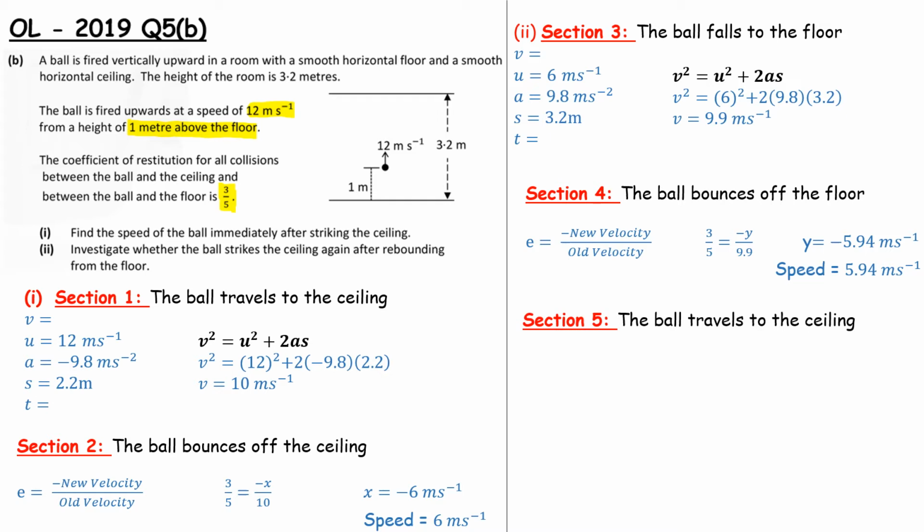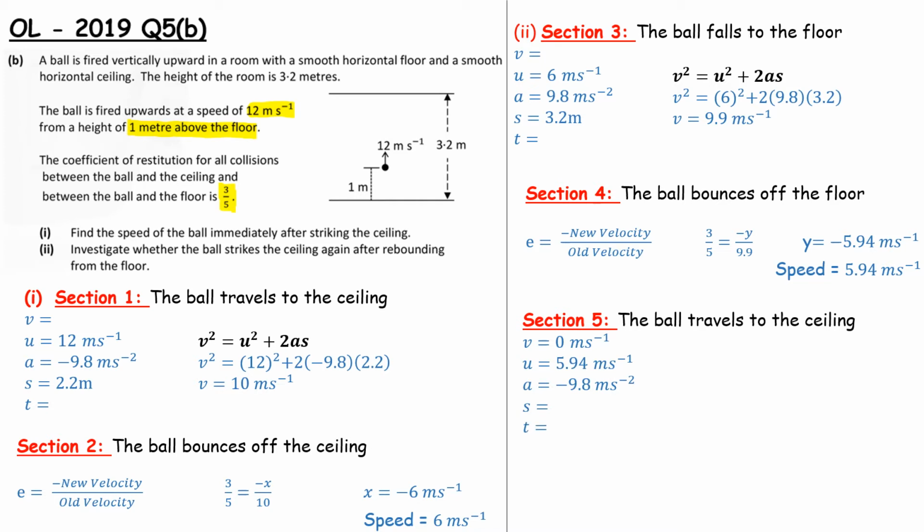The last section that we need to understand is the ball traveling towards the ceiling. So they've asked us to investigate, and that leaves it very open. So it might be true, it might not. Investigate whether the ball strikes the ceiling again after rebounding from the floor. So I want to understand, does it have enough speed to get up to the ceiling again? There's a few different ways you can approach this, but all of them will need us to go to our VUAST.